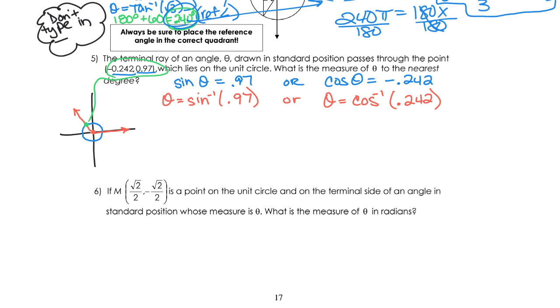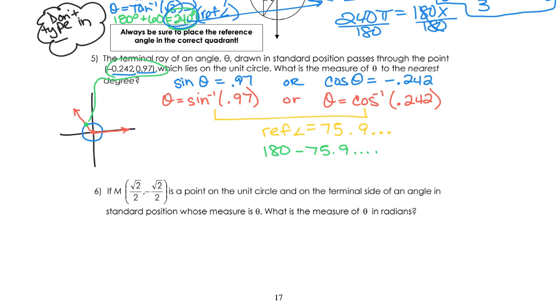And that's going to give me a reference angle, always, of 75.9-ish degrees. But remember, that can't be our answer since we are a second quadrant angle, and so we're going to do 180 degrees minus 75.9-ish.